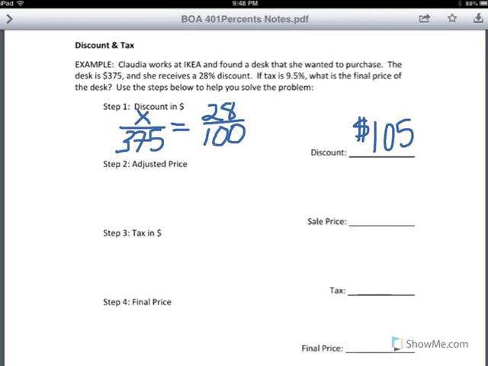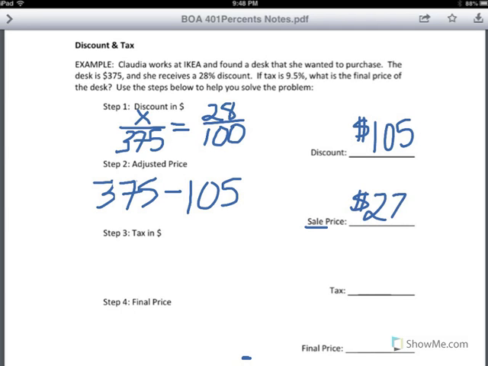To find the adjusted price, or what we like to call the sale price, we take the 375 original dollars. Whoops, let me get out my eraser here. $375 minus 105, and we get that the sale price is going to be $270.